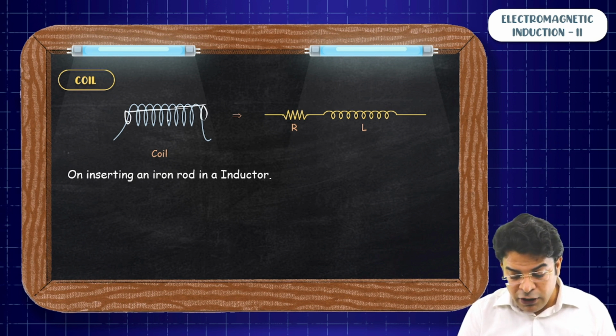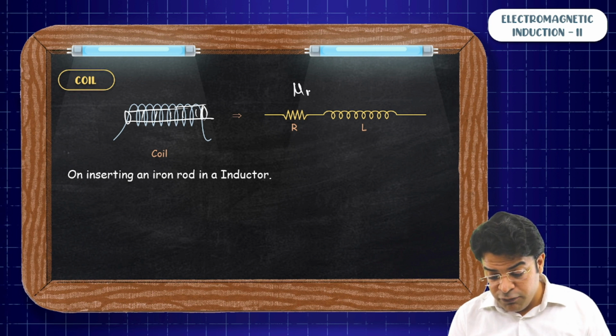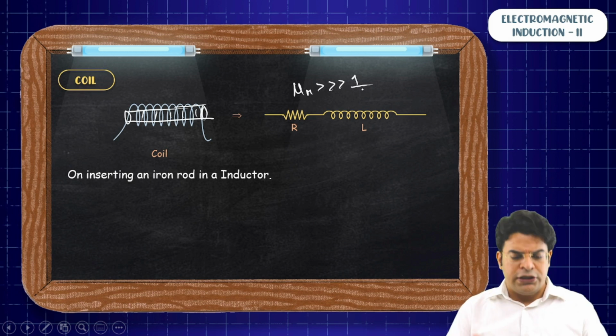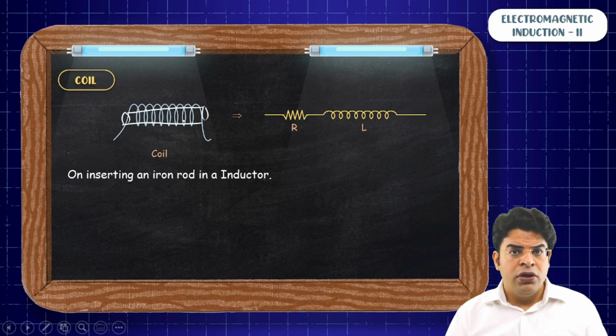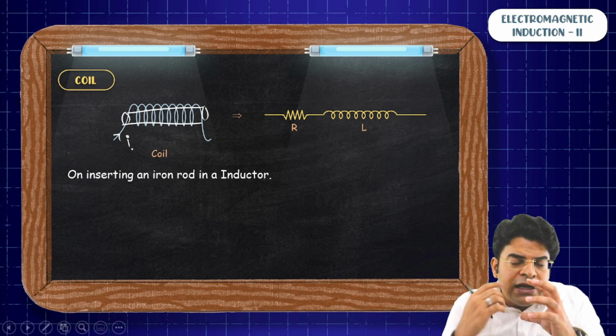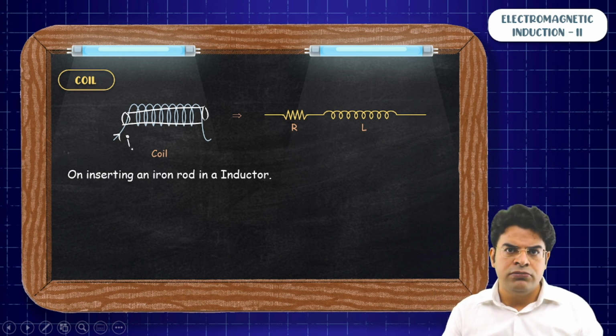Now, on inserting an iron rod inside an inductor, or think of a solenoid, we know that iron is ferromagnetic in nature. For ferromagnetic materials, the relative permeability is greater than 1, of the order of thousands. So when you place an iron rod inside an inductor and drive some current I, the magnetic field within the core of the solenoid becomes 1000 times larger, manifold.